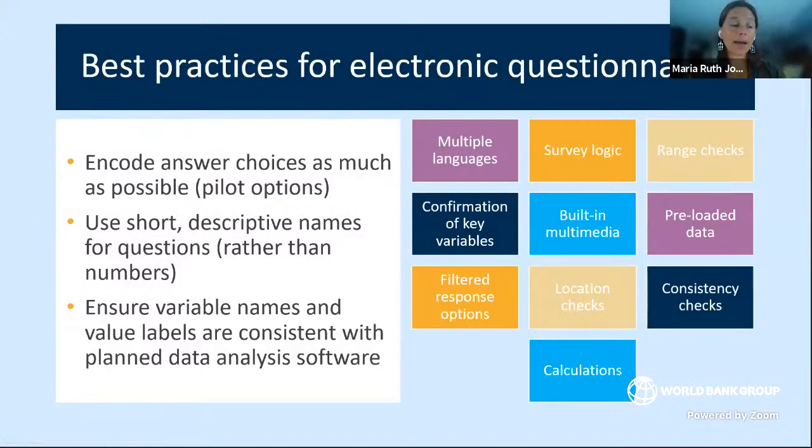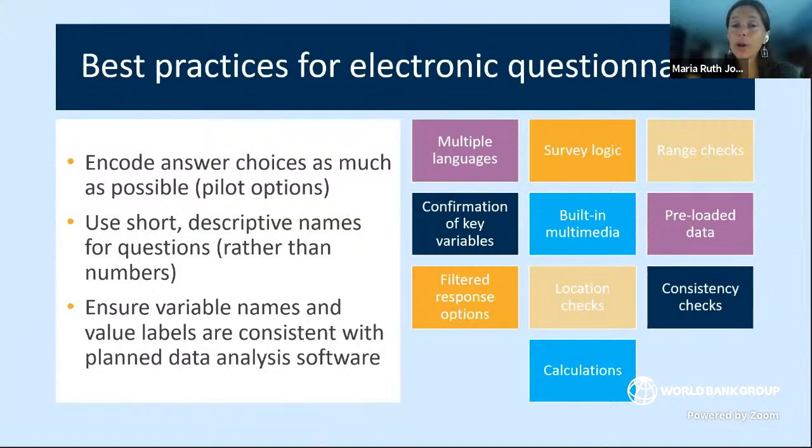All right. And one thing we talk about in the book is that the advantages of using electronic questionnaires and survey instruments are many, but some of those are around data quality. There are a lot of ways to use technology to your advantage to ensure that the data you're getting out of your survey is the highest quality.